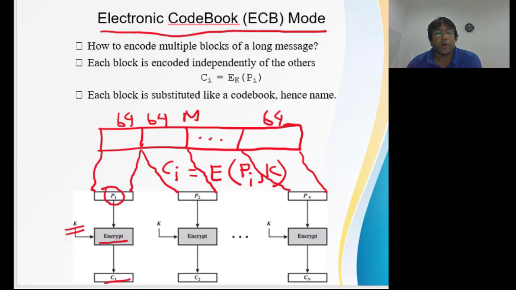If we combine all of them, then we'll get C, where the number of bits in C should be equivalent to the number of bits in the message or plain text. This is how electronic codebook works.